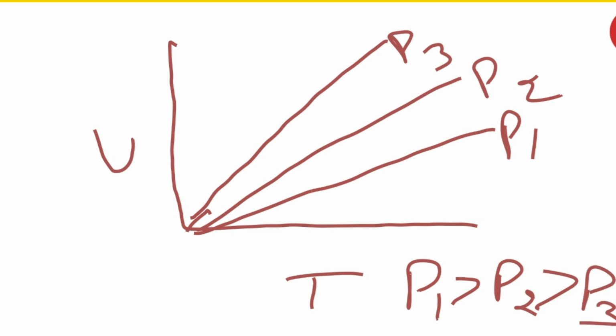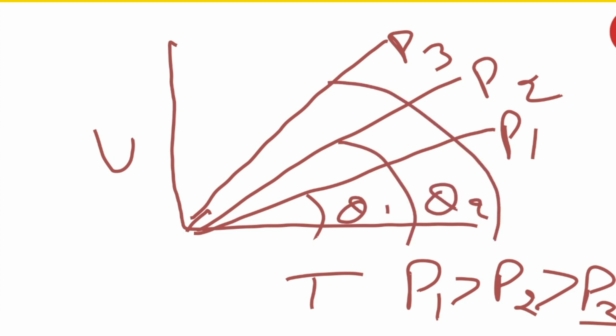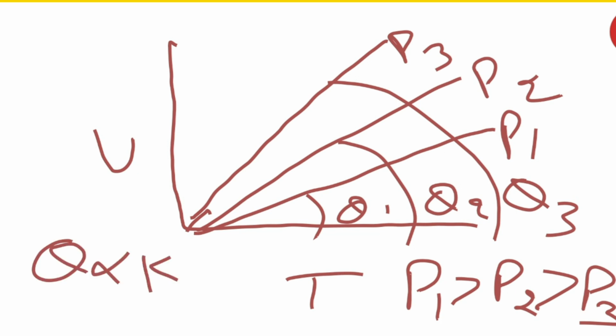Now why is it so? I think you understood why. I told you when the slope decreases, P increases. This is the slope; there was angle theta 1, angle theta 2, and angle theta 3. I told you theta is directly proportional to K. Now here K is less, here K is more, here K is high.